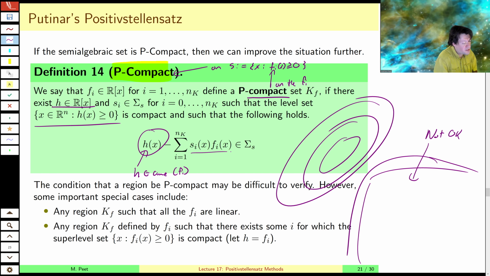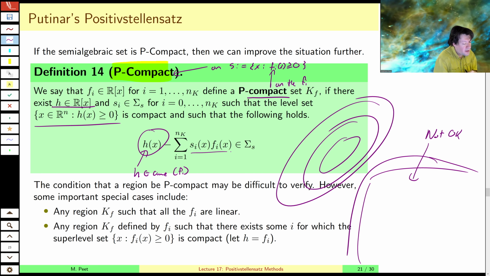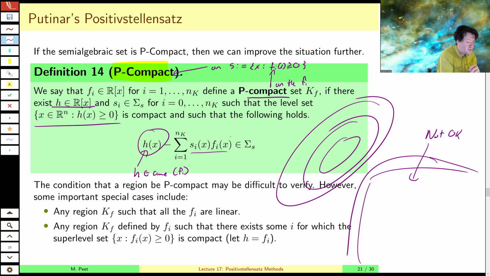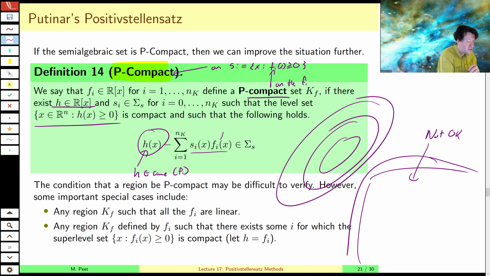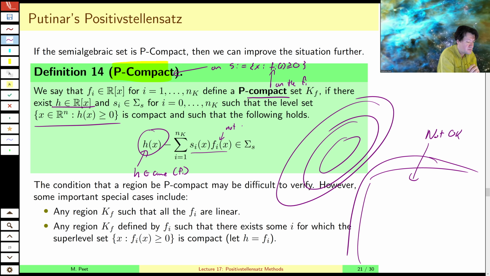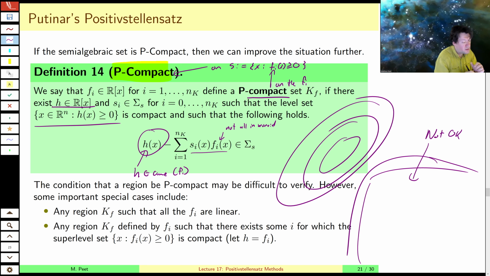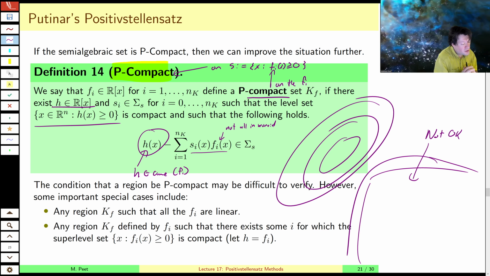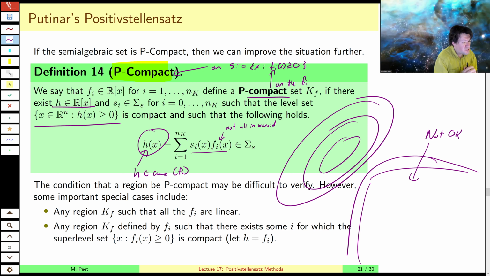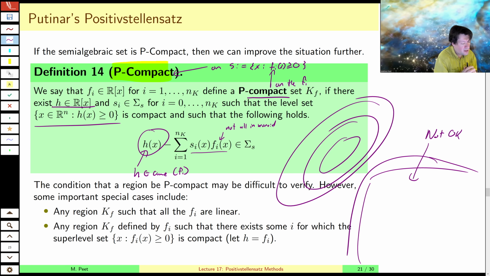So there's an element of the cone where we only require the first order terms here. So there's not every term in the monoid, such that all of its sublevel sets are compact.